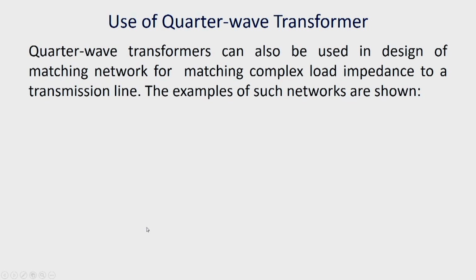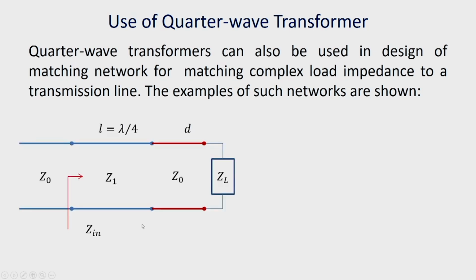So, we show some examples of such networks. For example, here ZL is a complex load to be matched to Z0. What we can do? We can take a transmission line section of length D and transform this ZL in such a way that the imaginary part becomes 0.